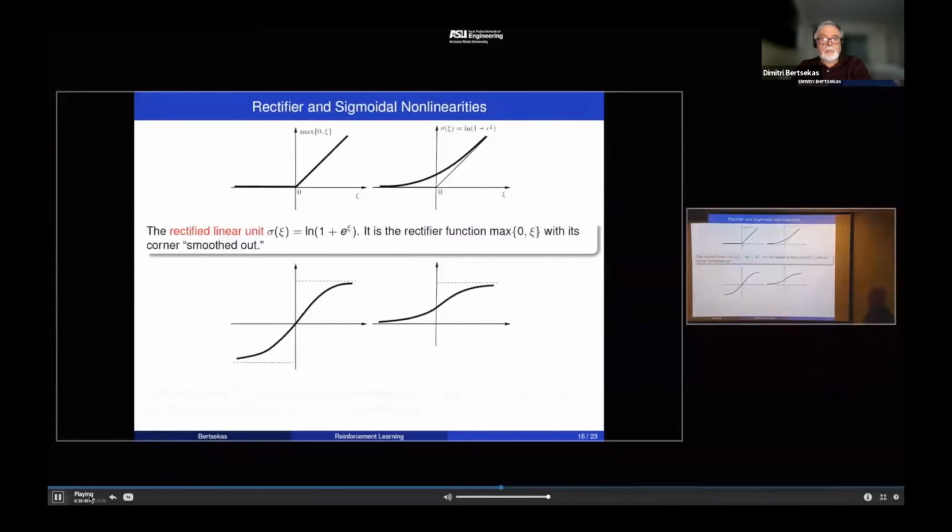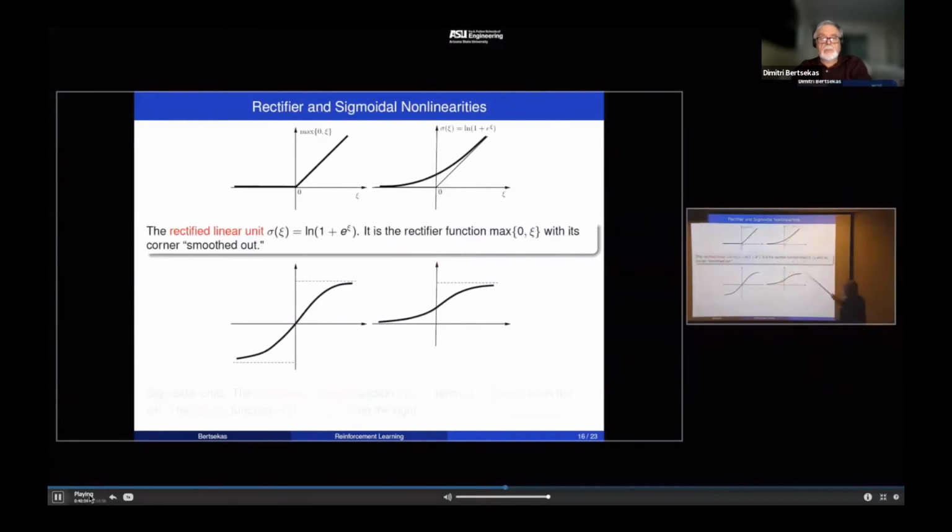Okay, so what do we use for nonlinearities? The most popular these days is nonlinearities of this form, which are called rectified linear units. Some people call this function here the max function, okay? The positive component of psi, they call it a rectifier.